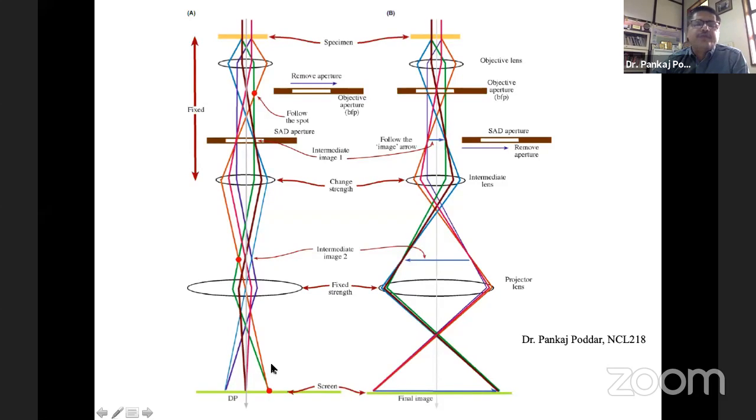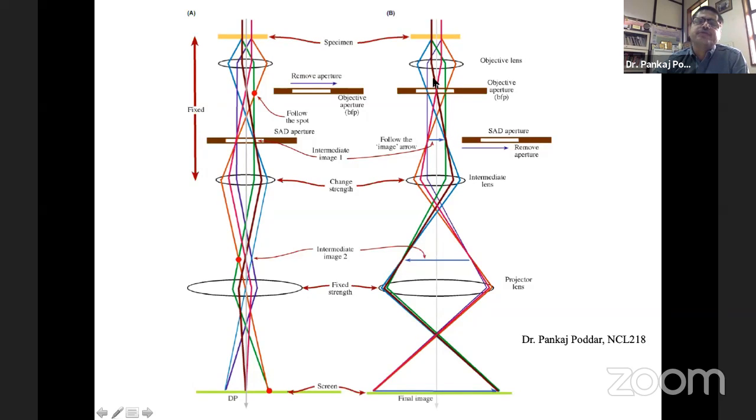If you don't want a diffraction pattern, you can remove this and put the objective aperture back. Again, this aperture is allowing both diffracted and undiffracted beams. So this is basically HRTEM, high resolution TEM. This is not bright field or dark field.